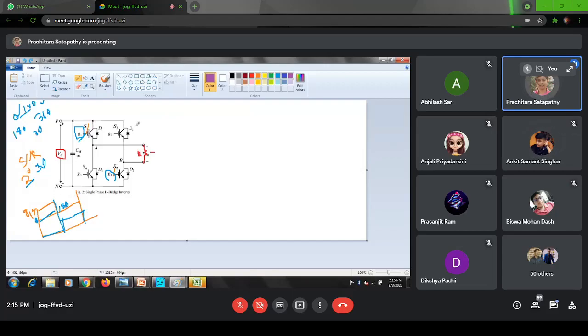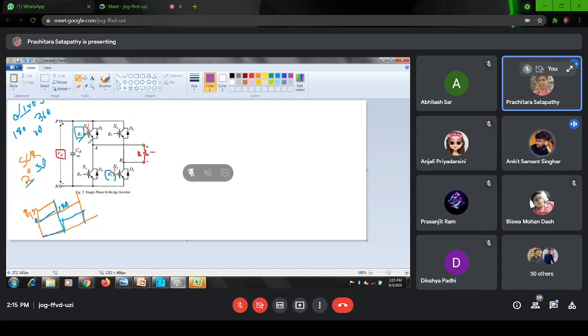So when one is 0 the other is 1, and when one is 1 the other is 0. Let switching on mean 1 and off mean 0. So if G1 is on, G3 is off. If G3 is off then G1 is on, so 1 and 0. Yes or no? Yes, ma'am.